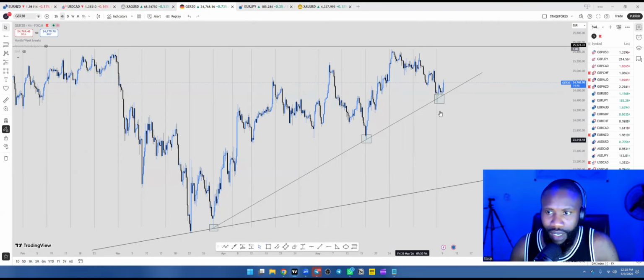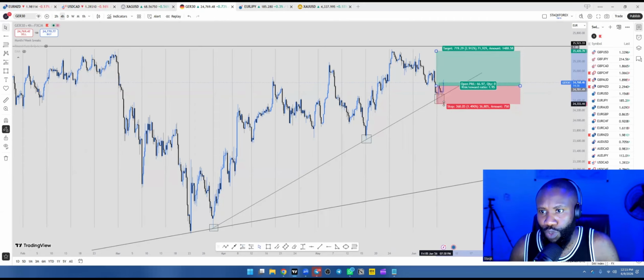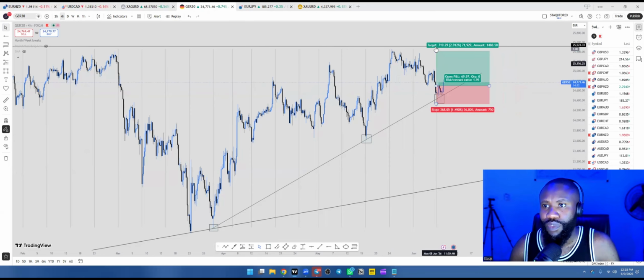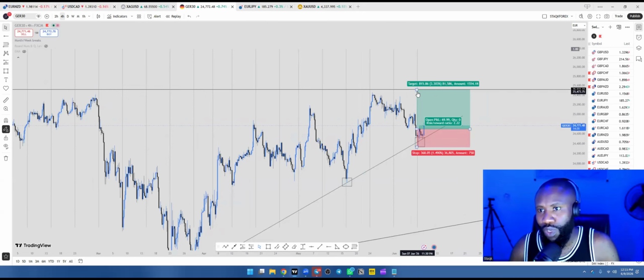Now I am expecting the closure of this candle, which is about 14 minutes to go. Then I will place a buy on this level and put my stop loss below. My take profit should be here, which is 2.2%, but I will extend it to make it 3%.